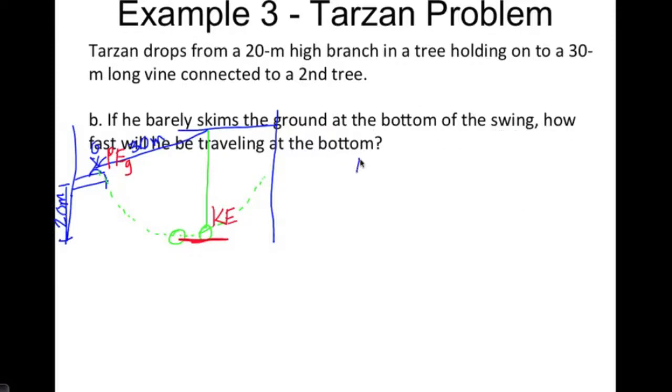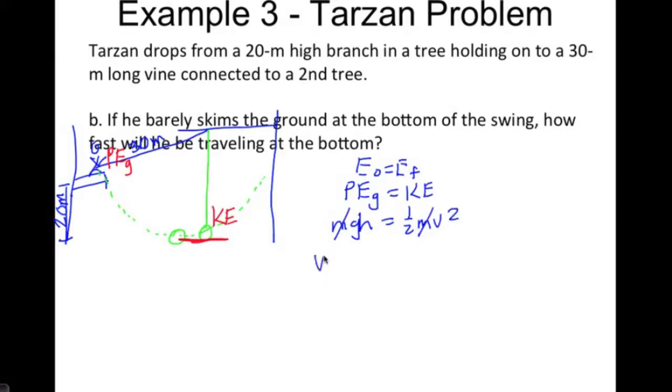Okay, energy initial is going to equal energy final. And the energy he has initially is gravitational potential energy converted to kinetic energy. So mgh equals 1/2 mv squared. We can see the mass of Tarzan didn't even matter because it canceled out.